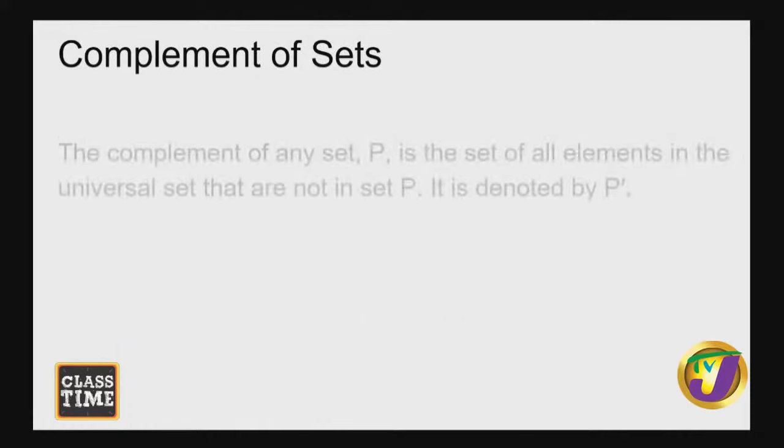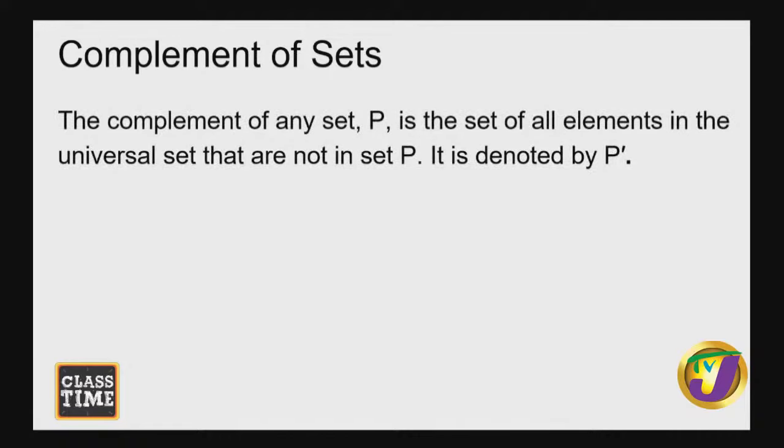So now we're taking it a little bit further to look at the complement of any set. The complement of set P is the set of all elements in the universal set that are not in set P. It is denoted by a capital P with a superscript, or we can say an apostrophe, to the right.